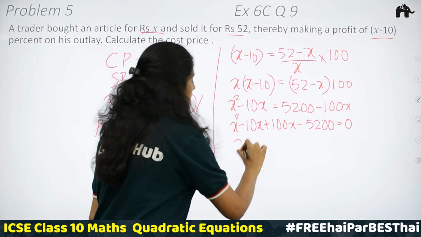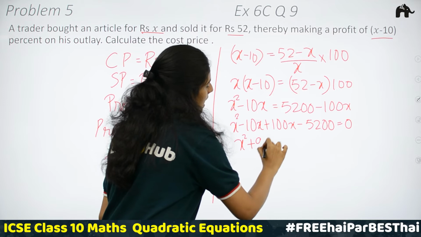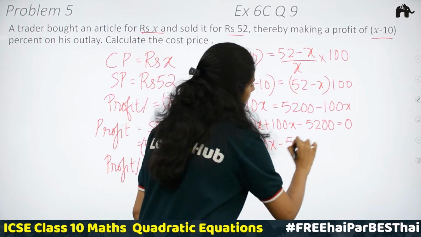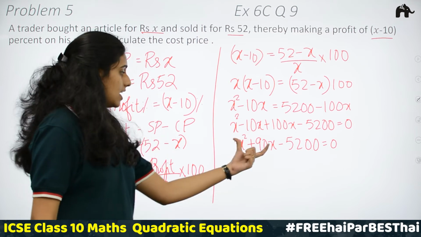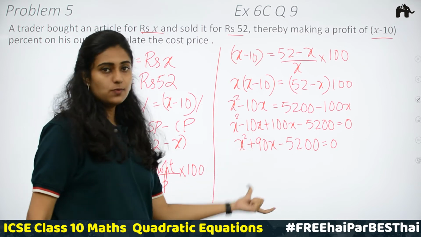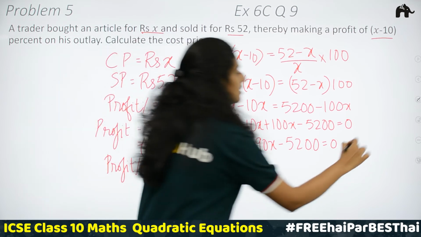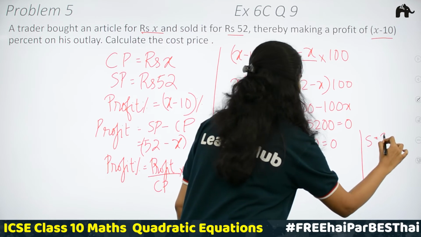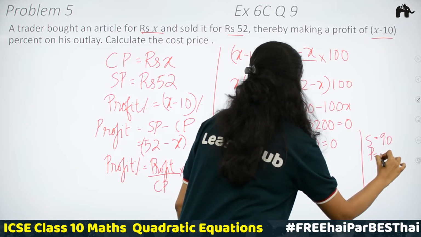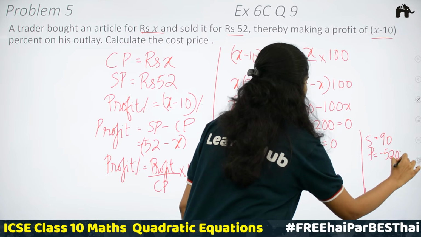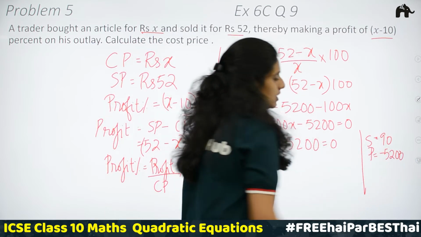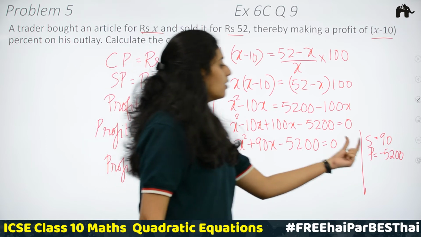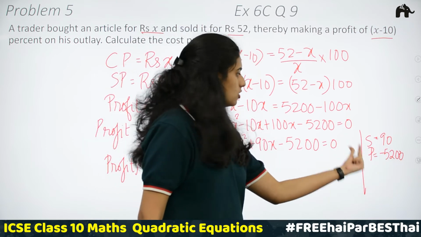This can be written as x square plus 90x minus 5200 is equal to 0. Now factorizing this, we can find the value of x. We have to choose two numbers such that the sum of the numbers is equal to 90 and the product is equal to minus 5200. Okay. When I take two numbers, I should remember that one of the numbers should be negative because the product is negative.